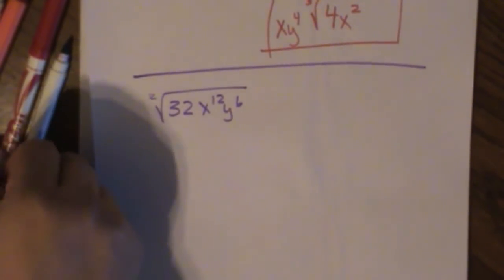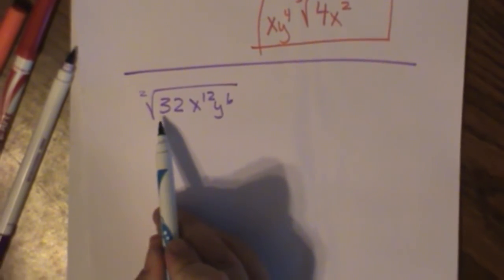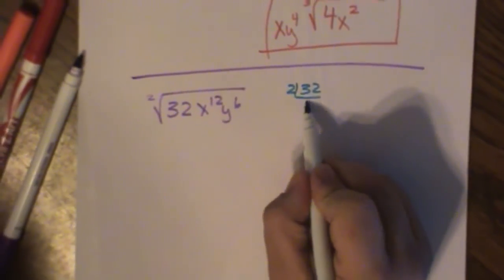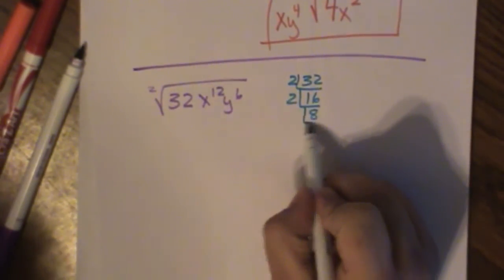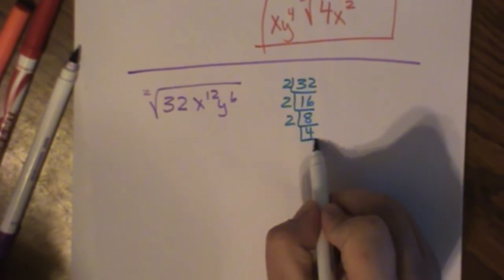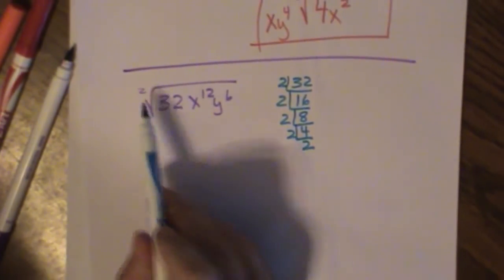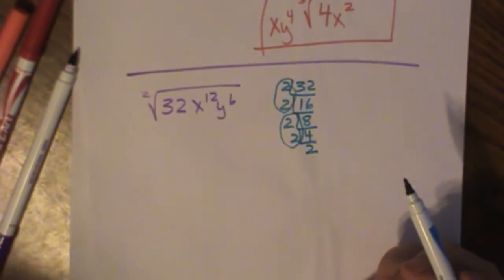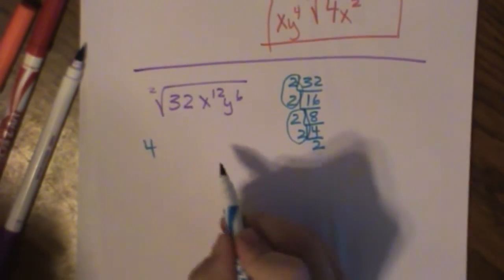So, first thing that we need to do is our prime factorization of 32. 32, 2 goes into that 16 times, 2 goes into 16 8 times, 2 goes into 8 4 times, and 2 goes into 4 2 times.